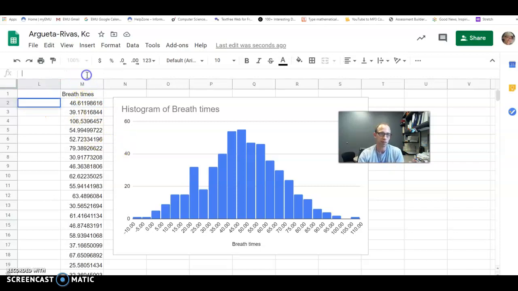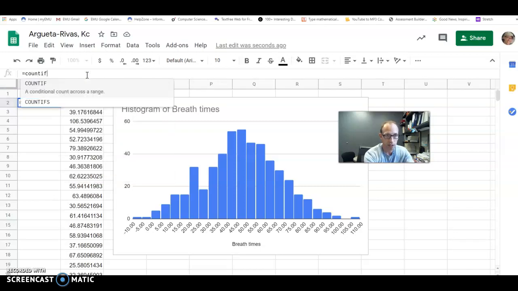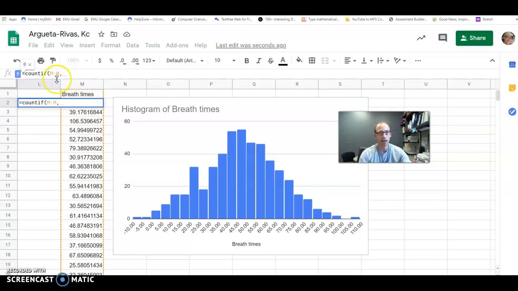Well, let's take a look. So we can do the COUNTIF formula, and we'll count everything in column M. So that's M:M. We'll select everything in column M. And then we're going to do greater than 60.